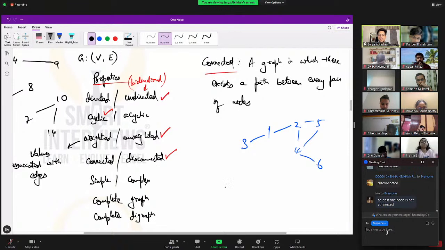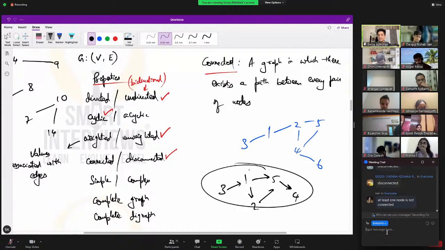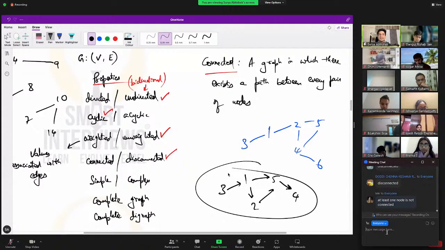Let's take another example. If I have a graph like this, 3, 1, 5, 2, 4, is this a disconnected graph, or is it a connected graph?